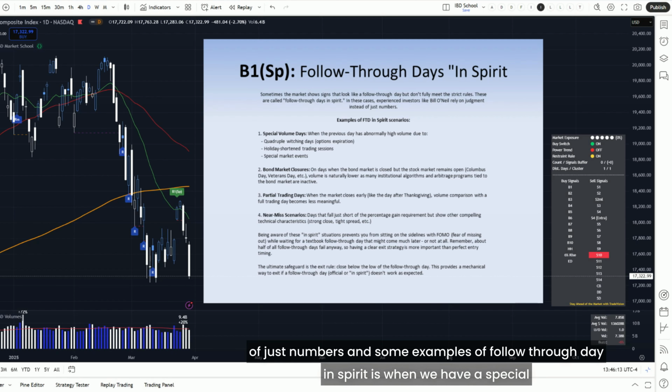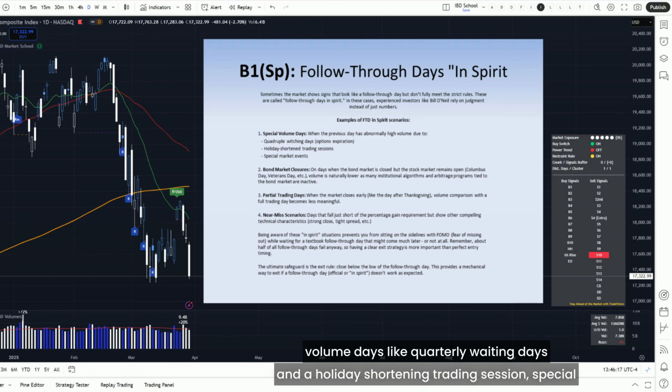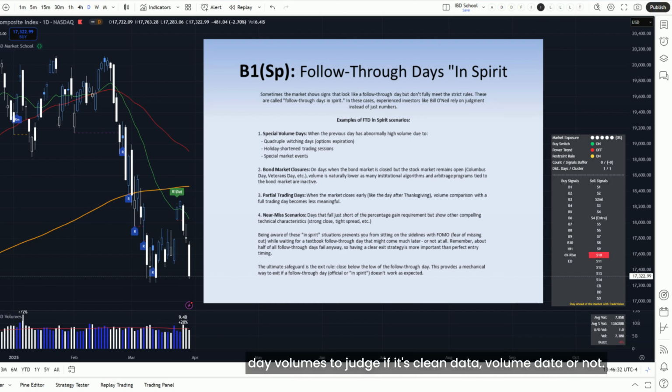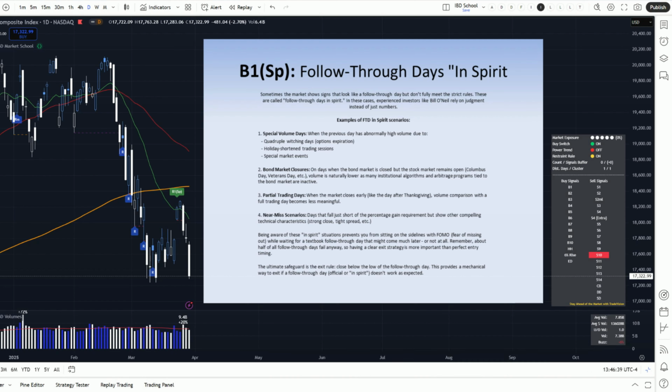Some examples of follow-through days in spirit are special volume days like quadruple witching days and holiday shortened trading sessions, special market events where we cannot actually compare the volume with the previous day's volume to judge if it's clean volume data or not.